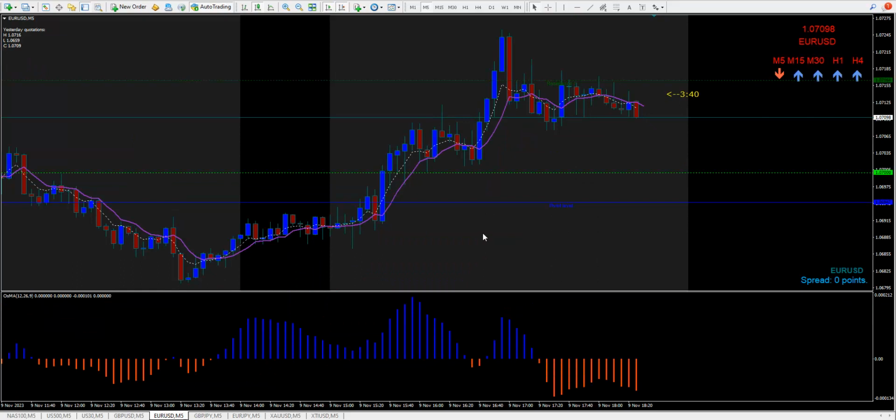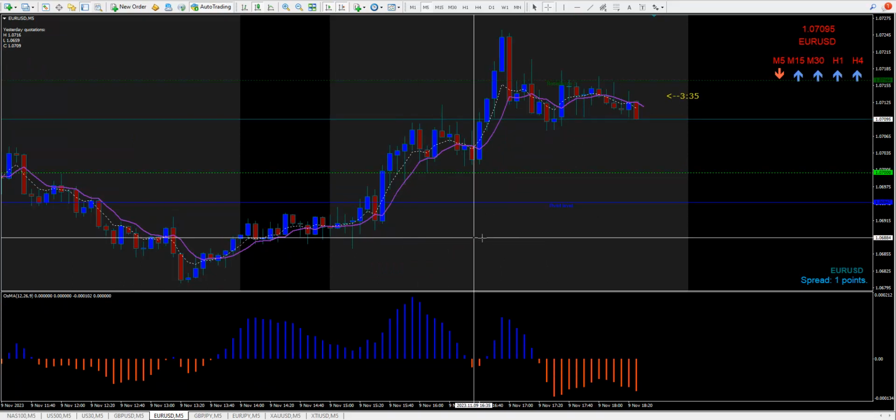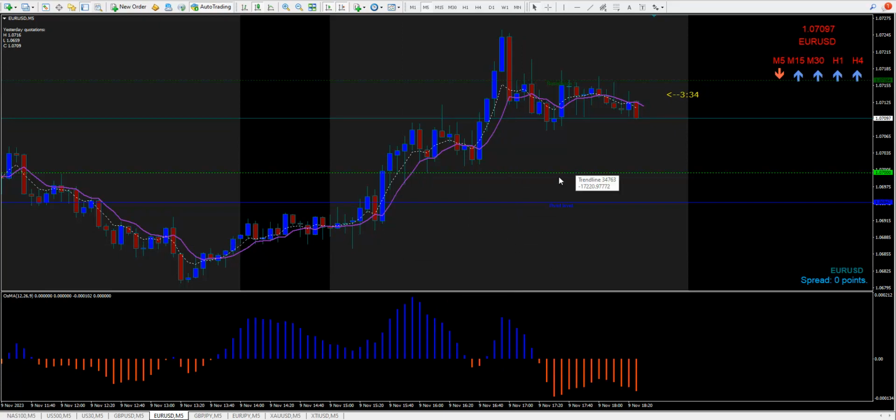Look at the euro now. Right here. Low and lower low.